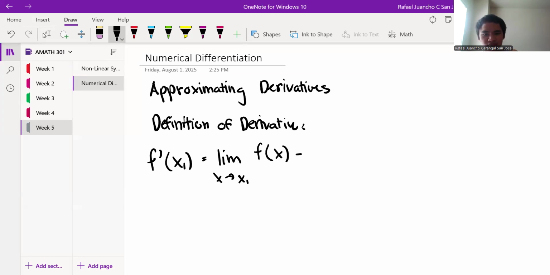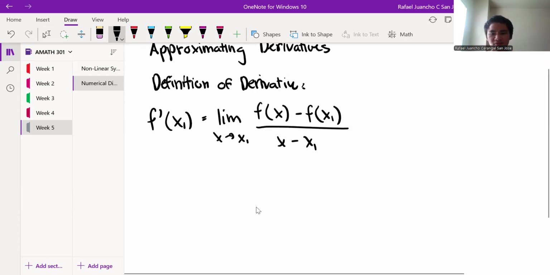And here we do a slope: f of x minus f of x sub 1 divided by x minus x sub 1. All right, that's the slope. And we continue to pick points as we get closer and closer to our desired point, which is x sub 1, and we will reach that point.